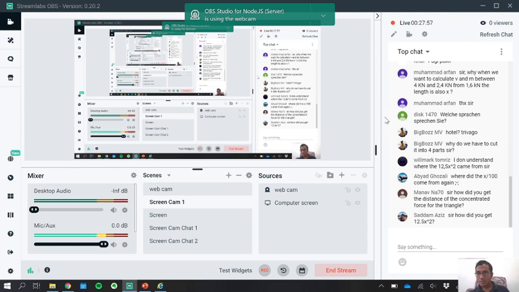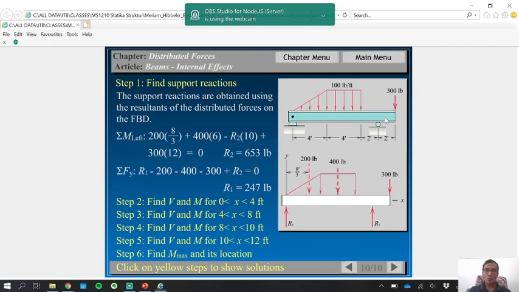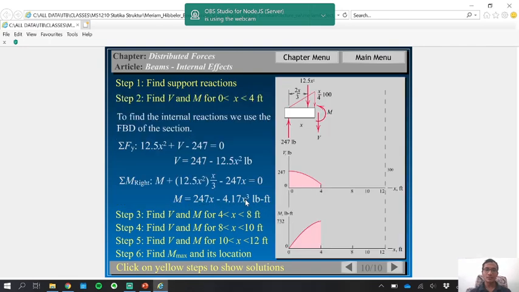I don't understand where 12.5 x square comes from. Where does x per 100 come from? Why does 12.5 x square come from?